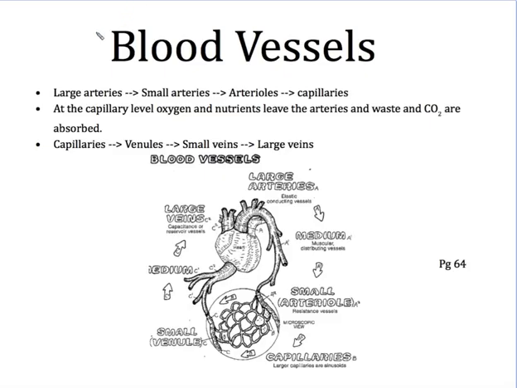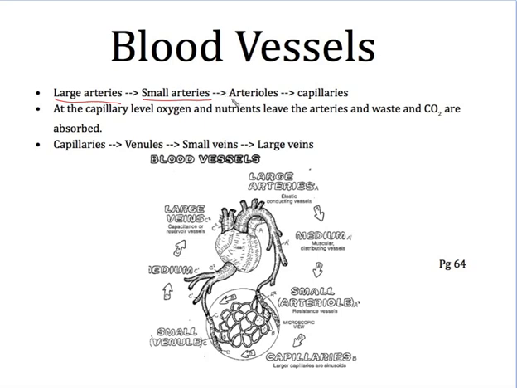Okay. So for starters, we're talking blood vessels. We have these things called arteries and things called veins, and between them is capillaries. The way blood flow works is your blood starts in these large arteries, for example, the aorta, and then branches into smaller arteries, which go throughout your body.